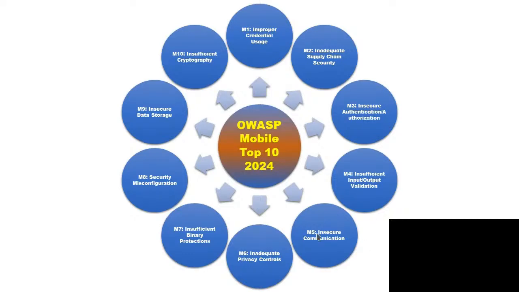Then we have insecure communication. Insecure communication is when there is no security in place for your data in transit. So in data security, we have data in transit and we have data at rest. I'm very sure everyone on this session understands what HTTPS means, right? It is a secure protocol, or HTTP basically.